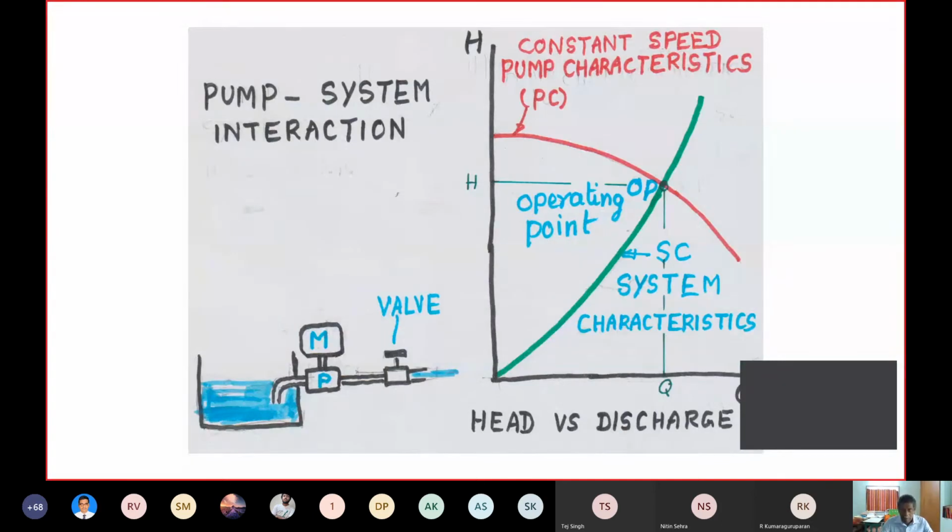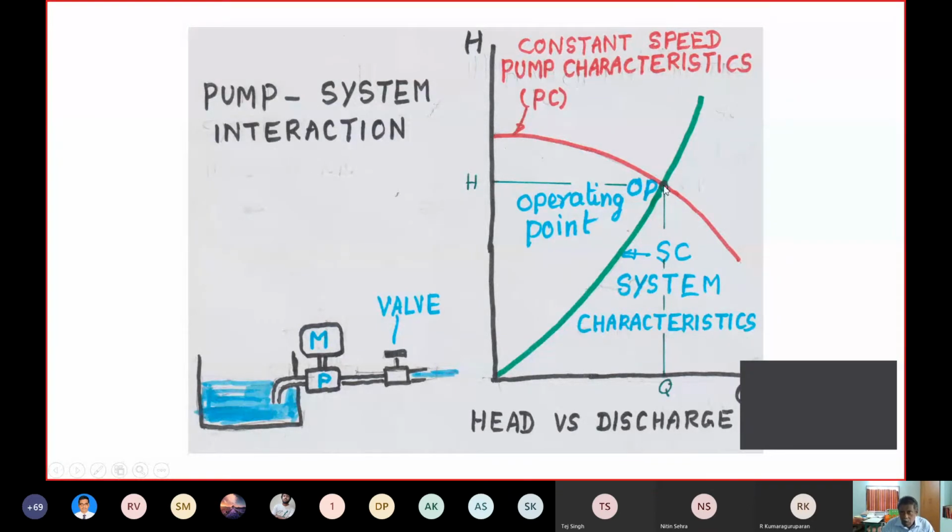This is important: the pump system interaction. You have a pumping system, a pump, a motor, the water in the sump, then the exit valve. You get the head discharge characteristics, head versus discharge. The pump will be run at a constant speed, and you see the red line, that is the pump characteristics. The valve also will be kept at a particular position, and you have the valve characteristics or the system characteristics.